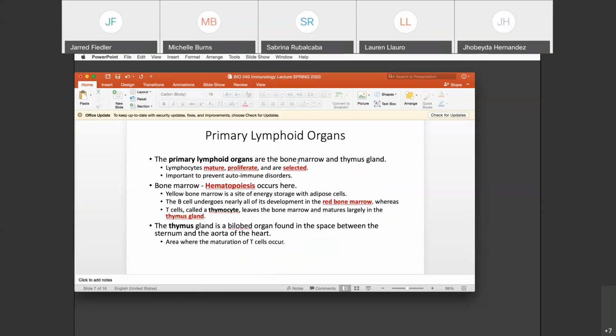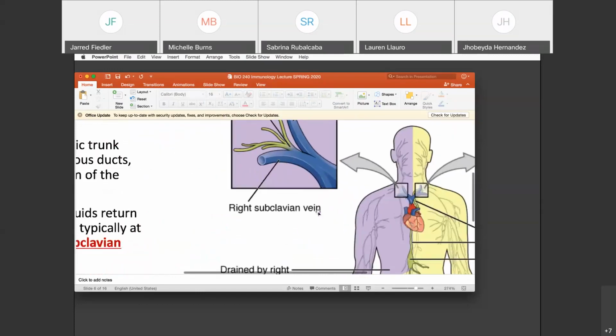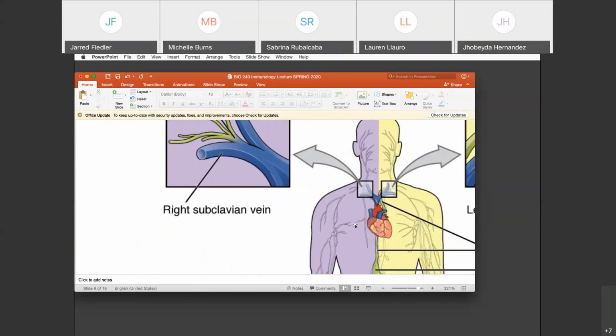Okay, let me go back up here. Let me actually zoom in. So you can actually see it. Do you see this brown color over here, guys? You remember the mink.